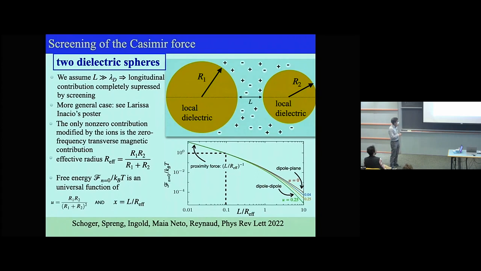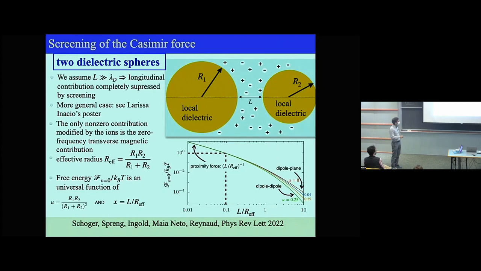The largest value of this is 1/4, when the spheres have equal radii, which is the green curve. And this goes to 0 when I consider the case of a sphere and a plane, right? So here I can cover all these cases.